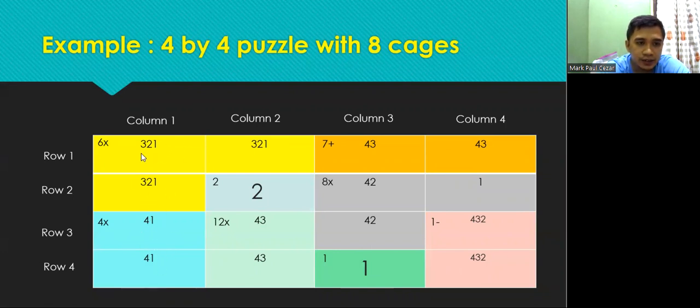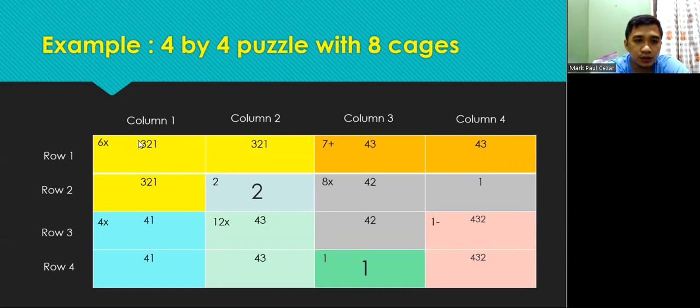So for our last target number, which is 6, and the mathematical operation indicated is multiplication, then we have 3 boxes for this cage. So think of the combination numbers that would give us the product of 6. So 3 times 2 times 1 is 6.